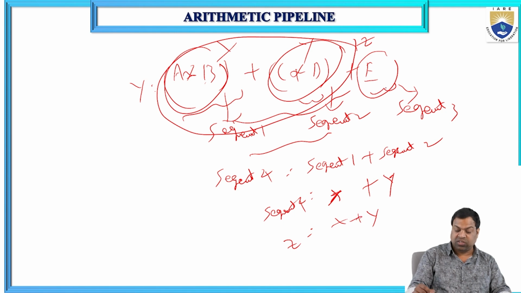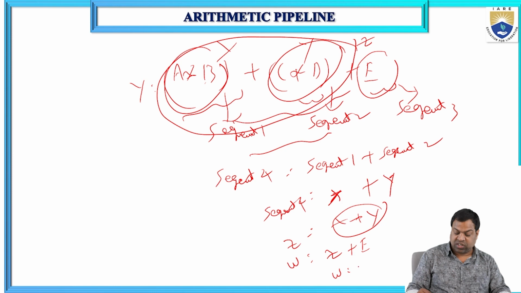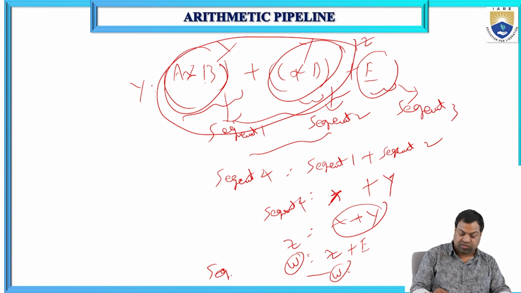So now what about the e? Suppose I am taking w equal to, what is the value? X plus y equal to z. So w equal to z plus e value. That w I am taking as segment 5. So segment 5 equal to, what is the x plus y value here now?